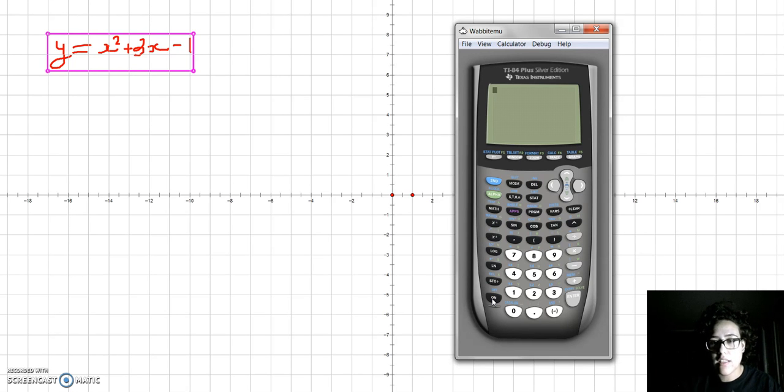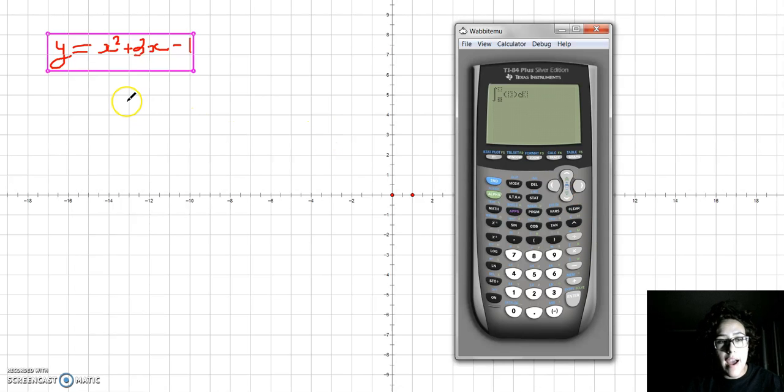The first way that we're going to find this is we are going to go to math, which is just right here, and we're going to scroll all the way down to 9, which says FNINT. What that INT stands for is integral, and we're just going to press enter.